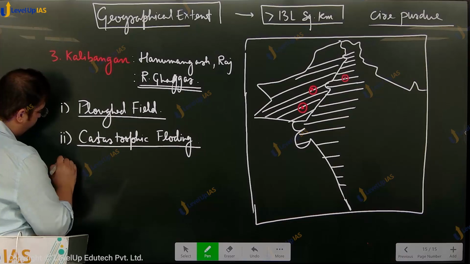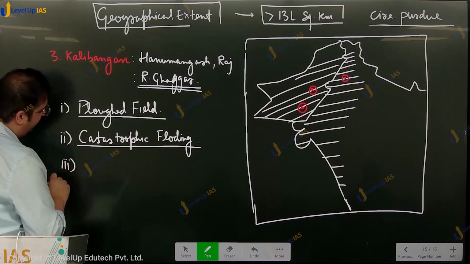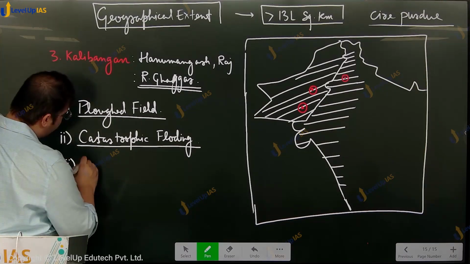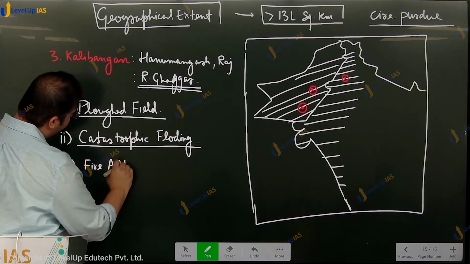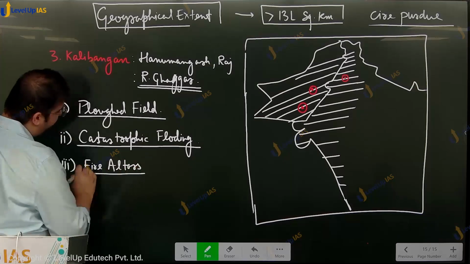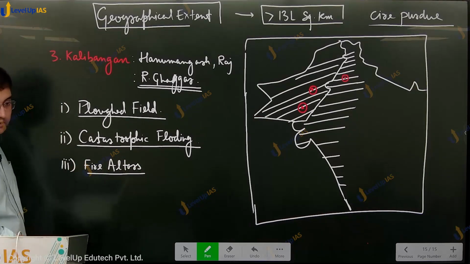Thirdly, we find a large amount of fire altars. Fire altar matlab havan kund, right? That means some sacrificial rituals must have been going on.